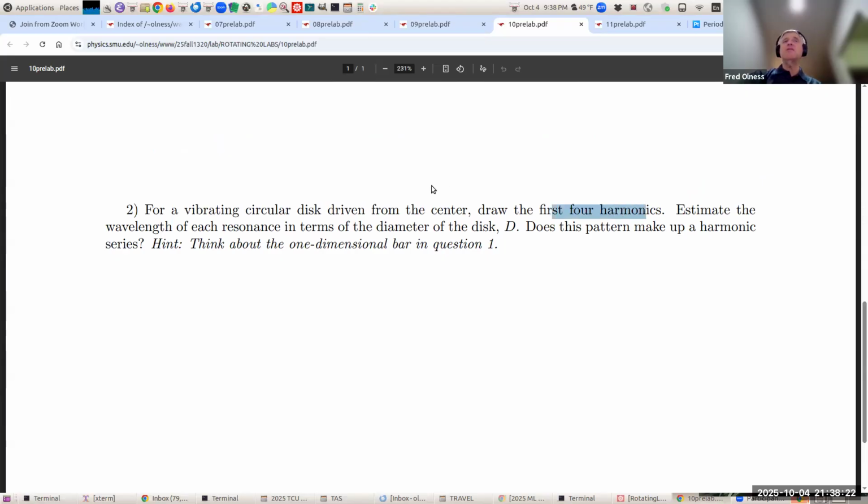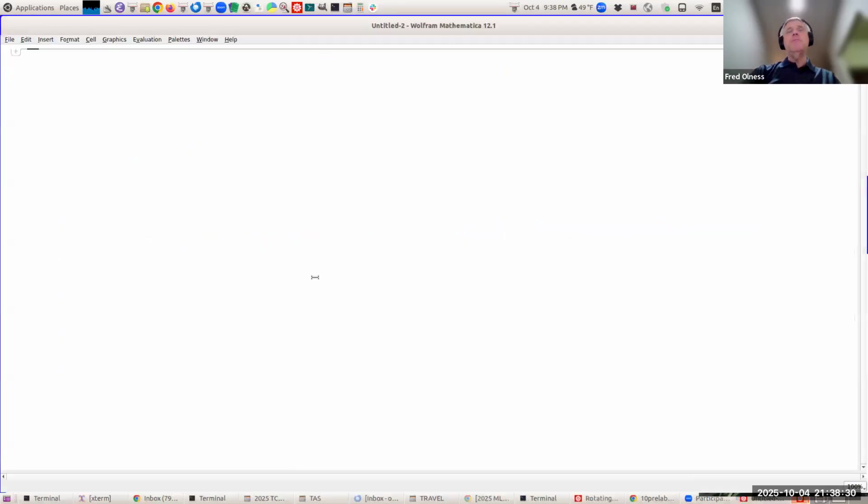We're not going to go into detail, but what we found there is that the frequency squared was equal to the number of nodes in the x direction squared plus the number of nodes in the y direction squared.